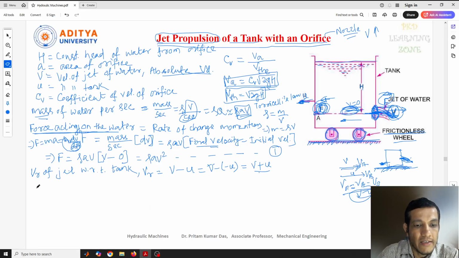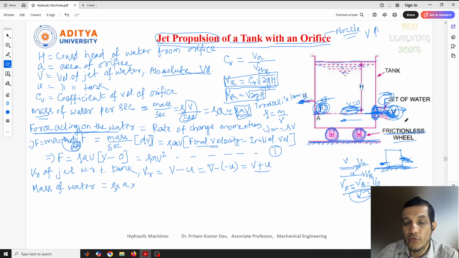So we can write the mass of water coming out from the orifice. We already calculated the mass of water, but only for the jet. When you compare with the relative velocity, it will be different. The mass of water coming out from the orifice per second is rho into A into the velocity with which the water comes out.